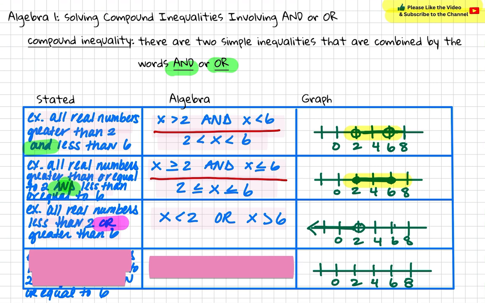So at 6, I'm going to make an open circle and then make the arrow go that way. So when highlighted, both of these, let's do a different color, are involved, but they're both open circled.